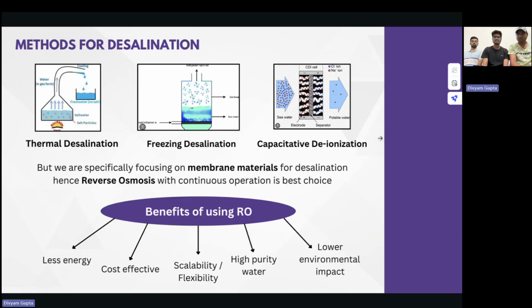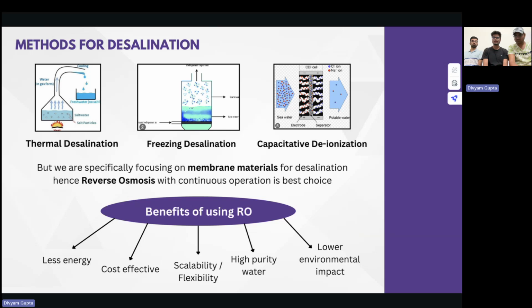Now, coming to the methods of desalination, there are three types by which desalination can be done. First is thermal desalination, in which we provide external heat to boil the water, and the residue left behind is the salts, and we can remove these salt particles. Next is freezing desalination.